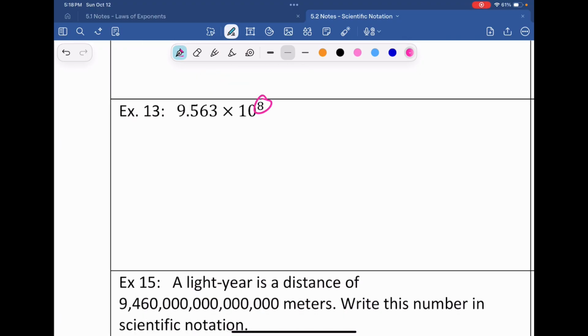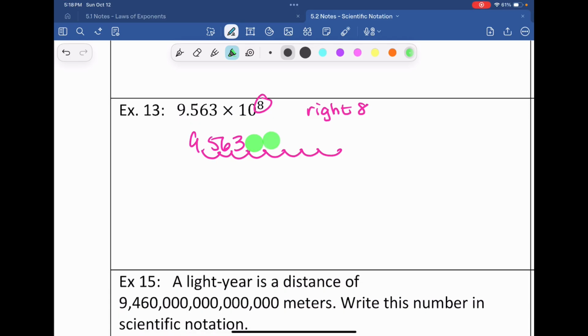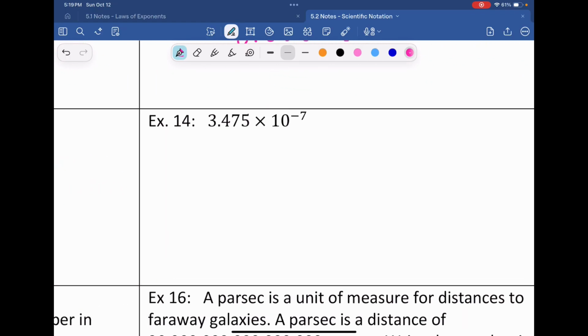Positive power 8, so move 8. 1, 2, 3, 4, 5, 6, 7, 8. So I have 5 empty spots. So 5 more zeros. And negative 7 there.